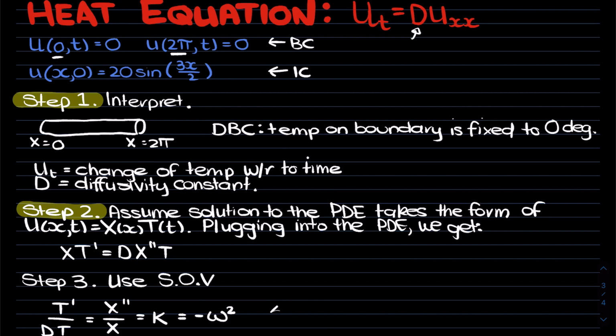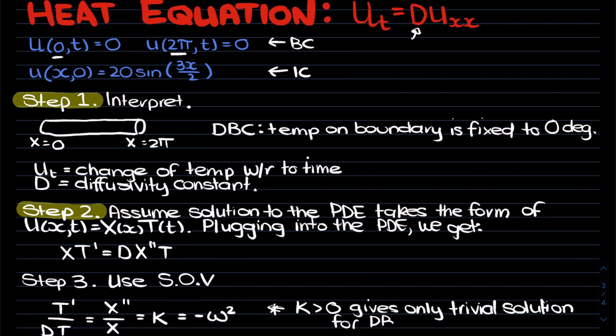And this is simply because k greater than 0 gives only the trivial solution for Dirichlet conditions and Neumann conditions.